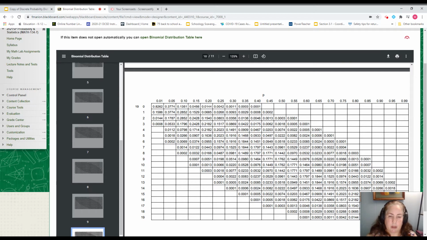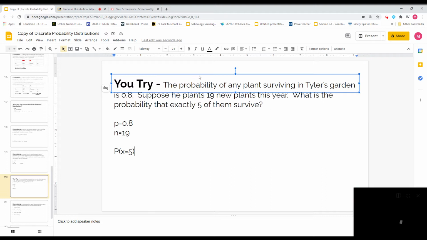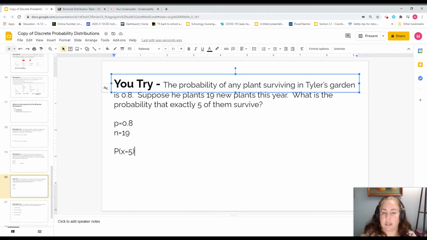What does that mean? When there's nothing there, that is 0. It means those probabilities are so small that when I round to 4 decimal places, it gives me 0. So the probability that only 5 plants survive in Tyler's garden is equal to 0.